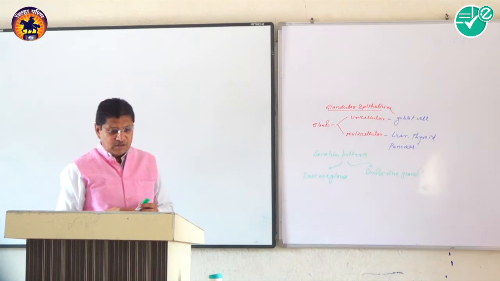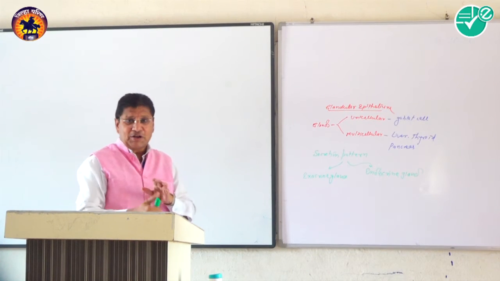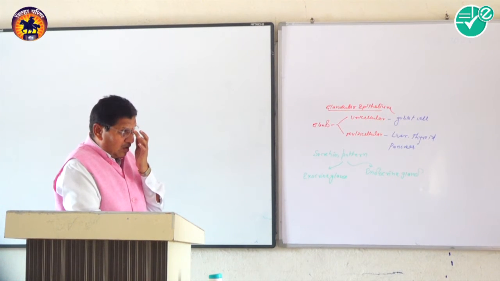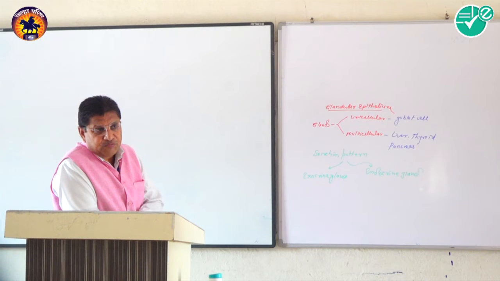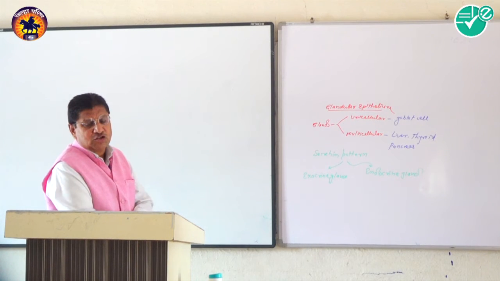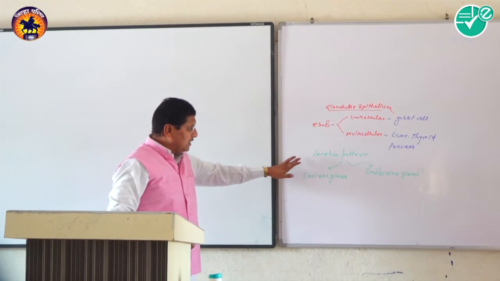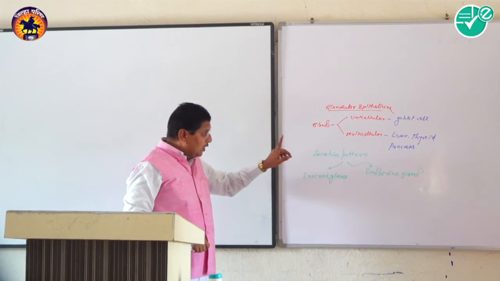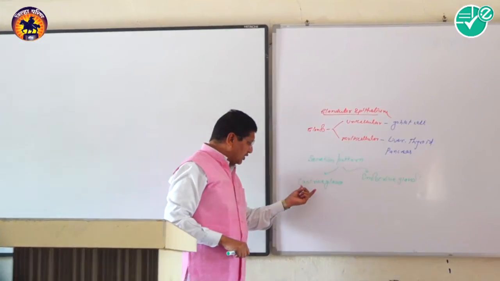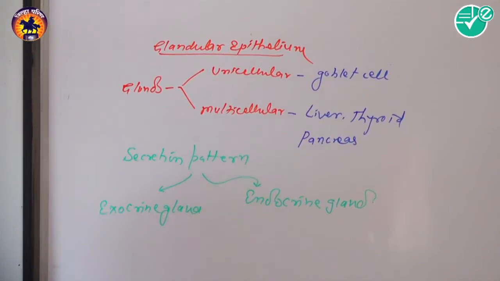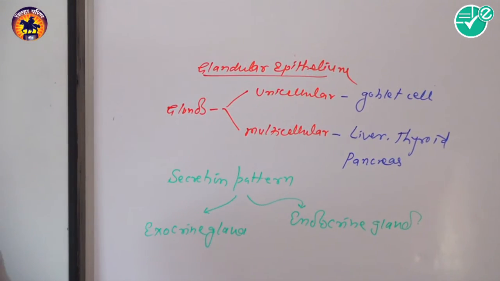Before, they were classified into unicellular and multicellular. But as concerned with the endocrine system or the glandular system, this classification is very important because the exocrine glands and the endocrine glands show differences in morphology.